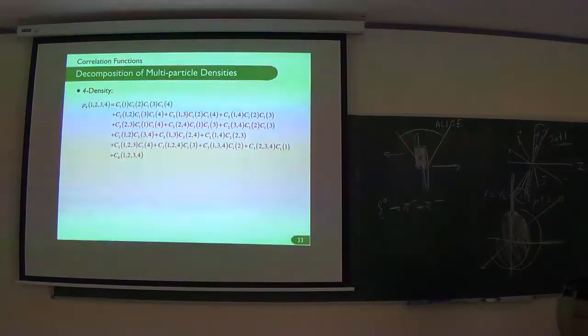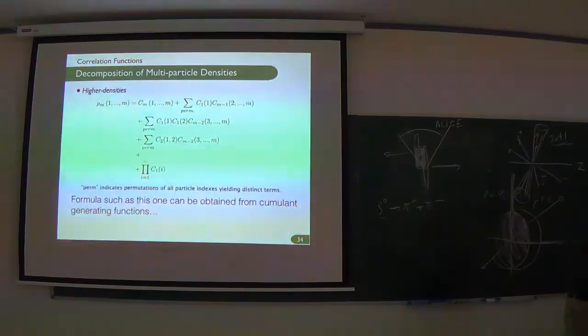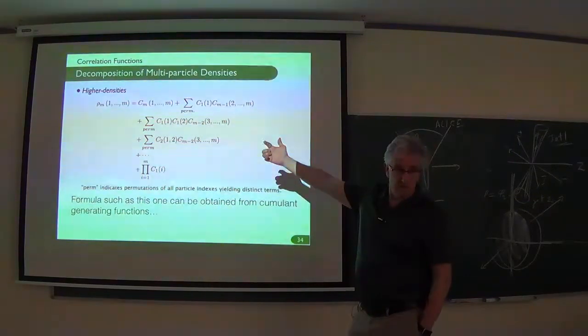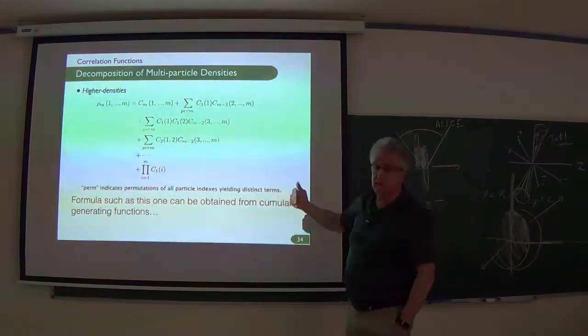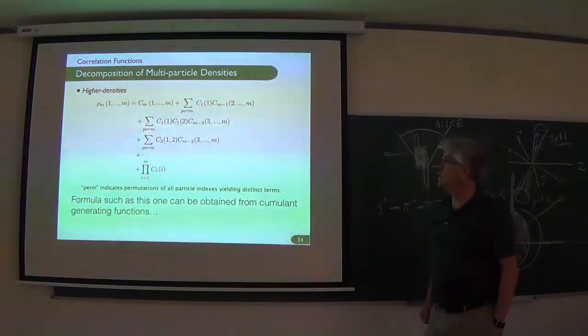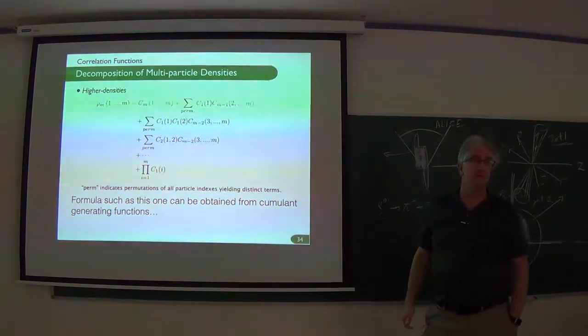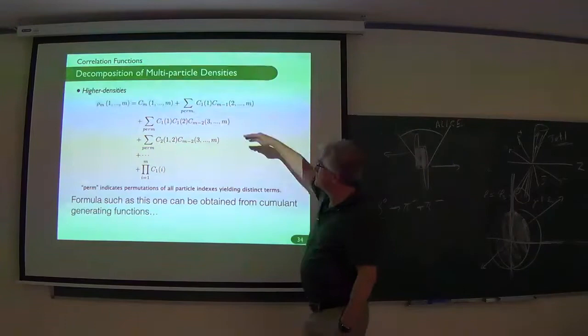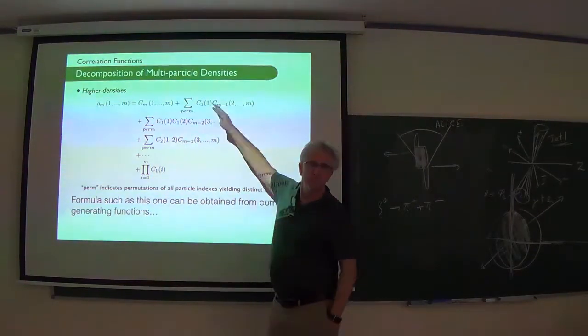I think you get the idea for densities. In principle, I can do this for even higher densities. And now, to this day, CMS, ALICE, and ATLAS have gone up to measuring 8-particle, even 10-particle cumulants. So you can imagine the mess of terms that you have to look at.